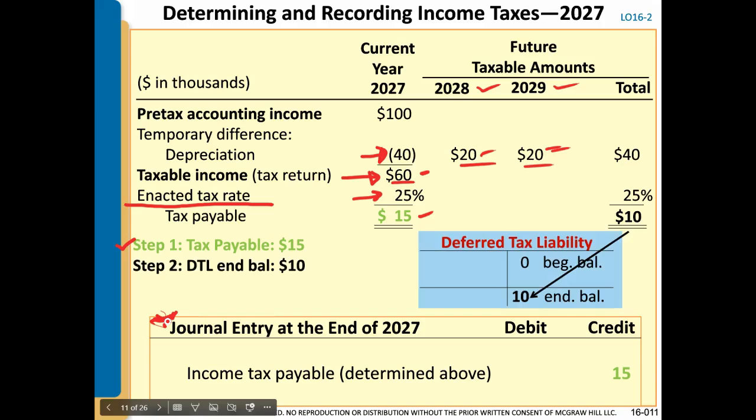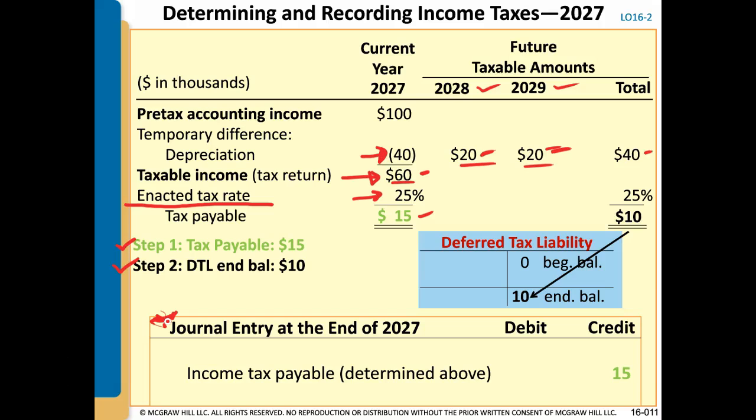Step two, here's step two in that 4-point steps. We're going to calculate our ending balance of our deferred tax asset or deferred tax liability. In this situation, we have a deferred tax liability because we know we're going to have a future taxable amount because we're going to have to add back $20 into our taxable income because we've already accelerated that depreciation. And remember, you always have to tax affect things.